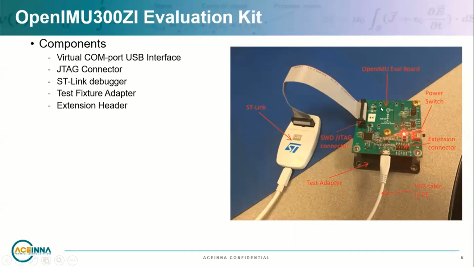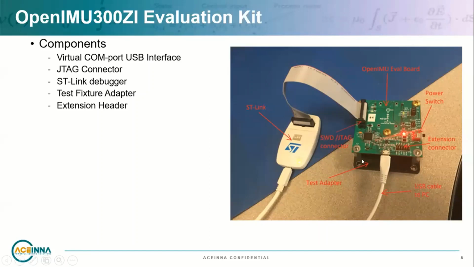And also we have the OpenIMU ZI unit that is mounted underneath this board, which is not visible in the picture, but it's mounted underneath the PCB. And we have the JTAG connector along with the ST-Link, which is used to connect to your PC in order to program or directly upload the ready-to-use algorithms onto the unit.